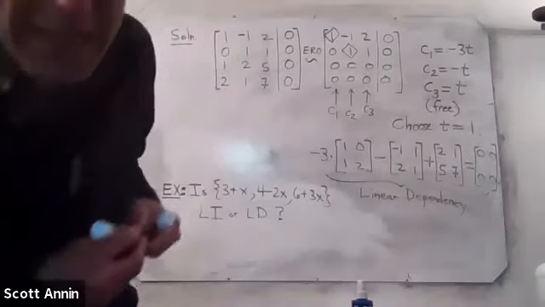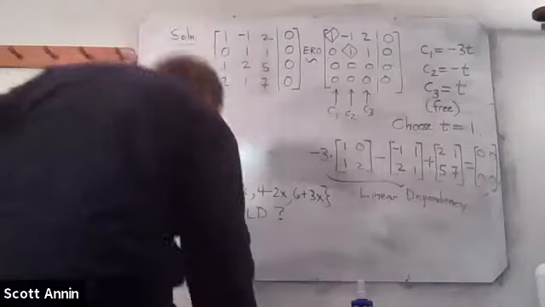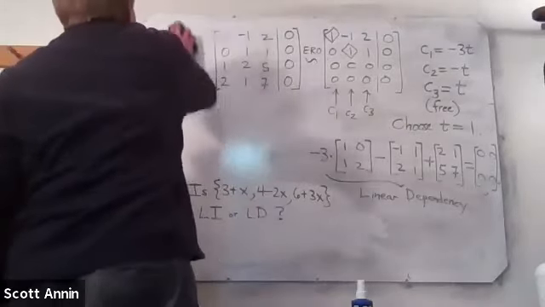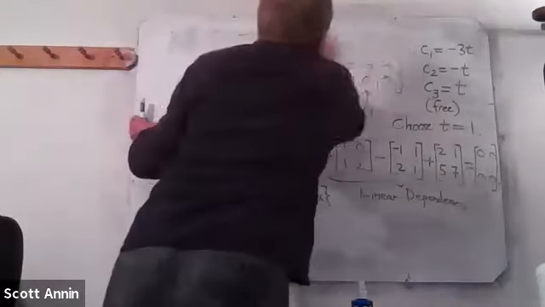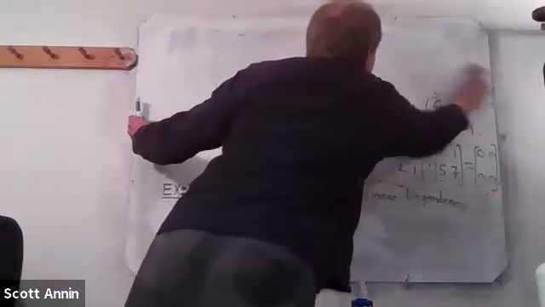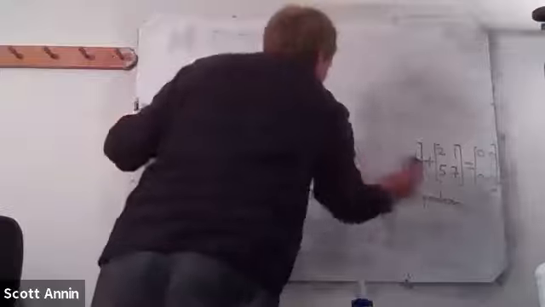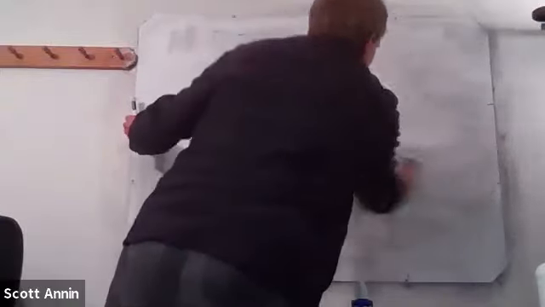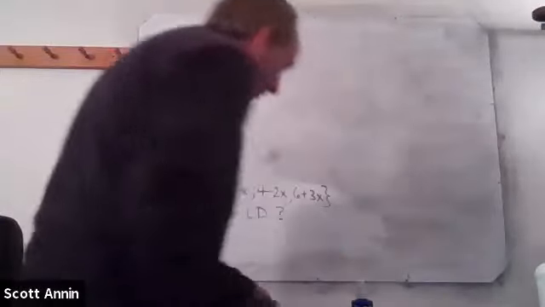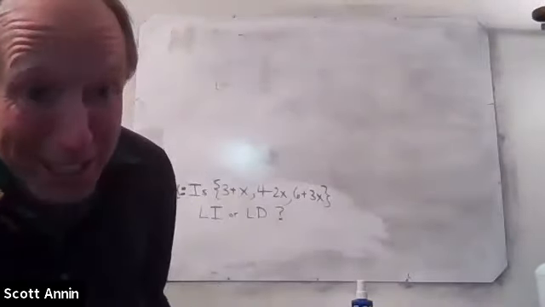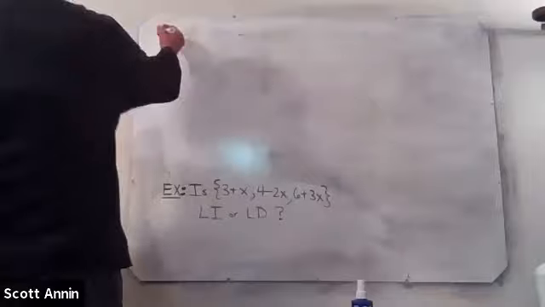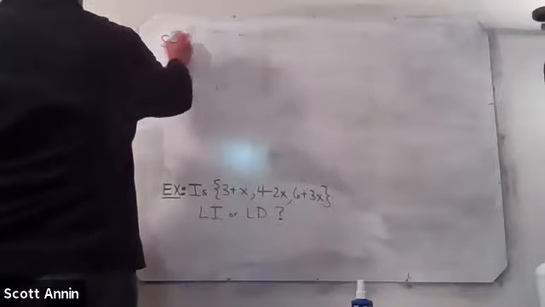Okay, so we'll just take those 3 polynomials right there and see whether they are LI or LD. Okay, let me come back up here. Give myself plenty of room for this. So guys, we're going to go straight to the augmented matrix, okay? So the solution to this, we're going to go really fast.